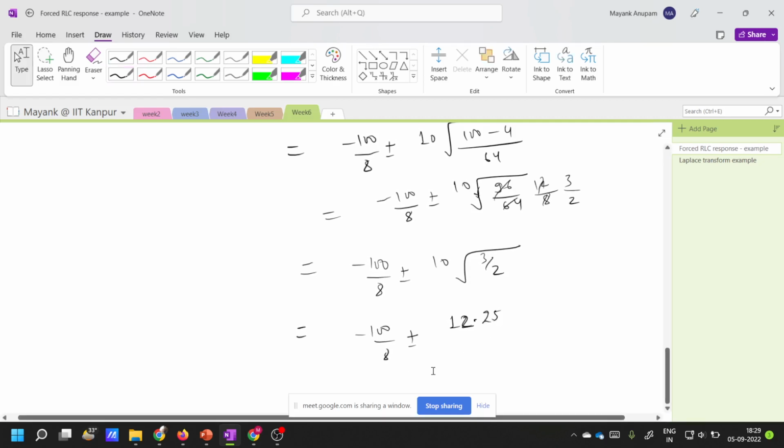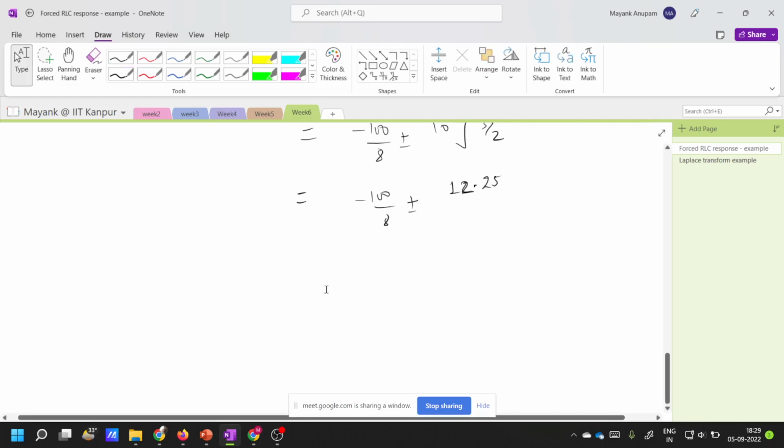Fine. If this is equal to this much, so what will be the values? Can you tell me? What will this become? Let us use the calculator for this. One is approximately 0 and another is minus 20.